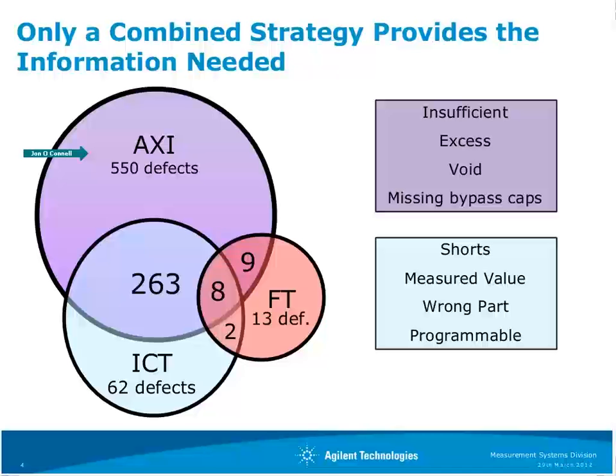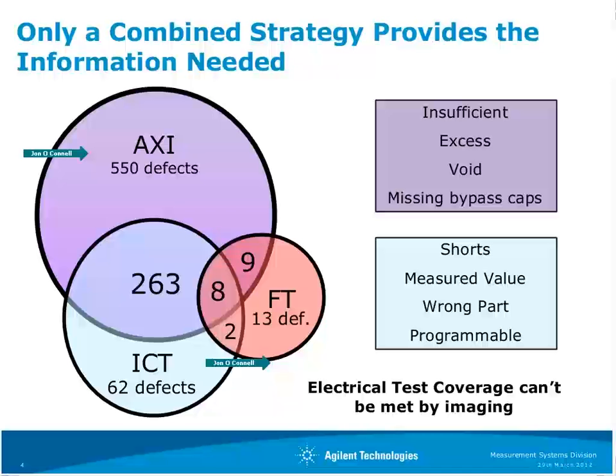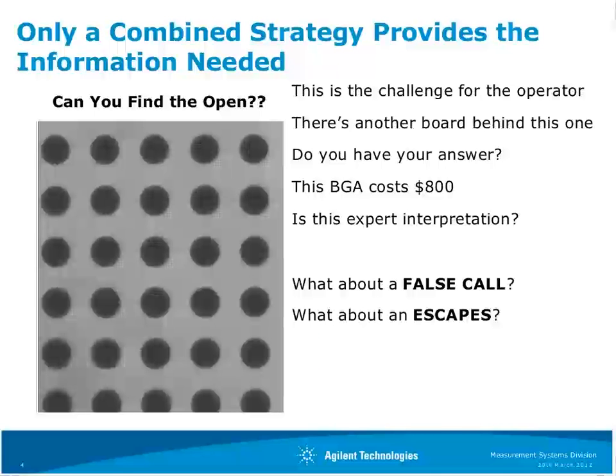Inspection equipment can provide a valuable amount of detail to detect process or component defects and improve first pass yield to later test stages. But whilst inspection provides a great deal of valuable information, it isn't always so black and white with respect to defect capture. Imaging coverage presents only a subjective view, and electrical test coverage can never be met by imaging alone.